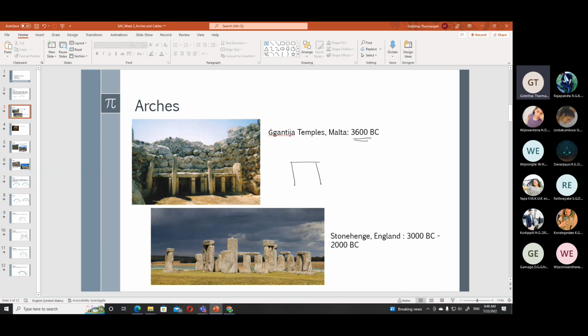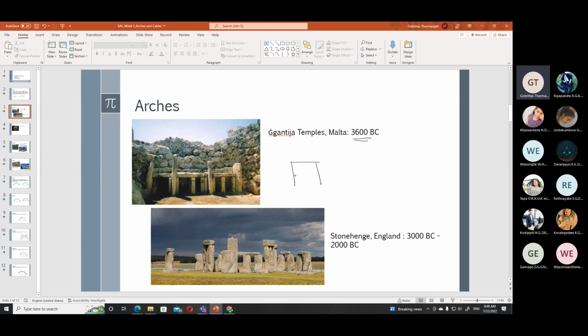Here, like Stone Age, this is supposed to be a burial place. And here also people tried to create an opening, a door, an entrance to something. So this is how it started.